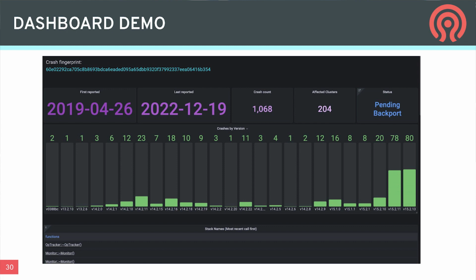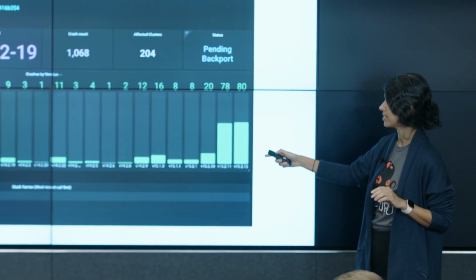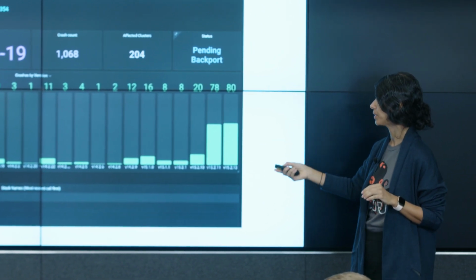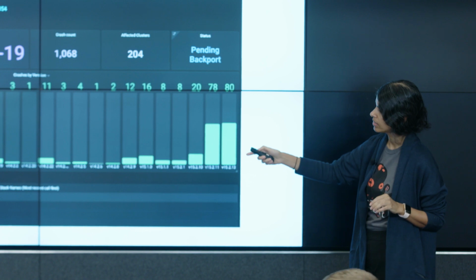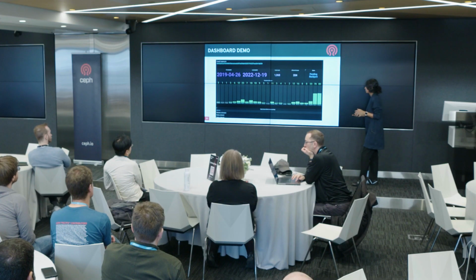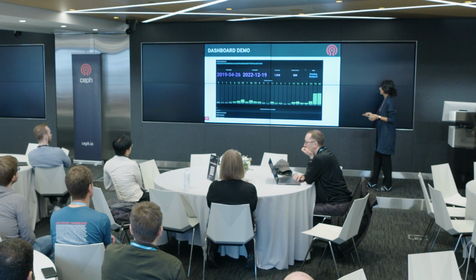We can learn about the status of the tracker issue that is mapped to this signature. And here we can see the sanitized backtrace that is used in order to create that fingerprint. And we can click on each of these frames to see other signatures that these frames appear in.